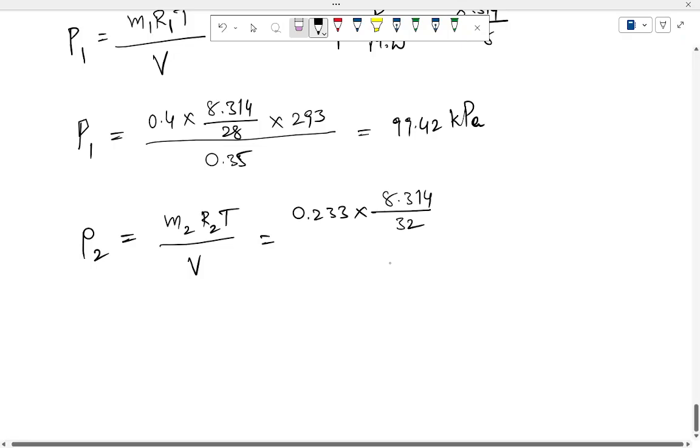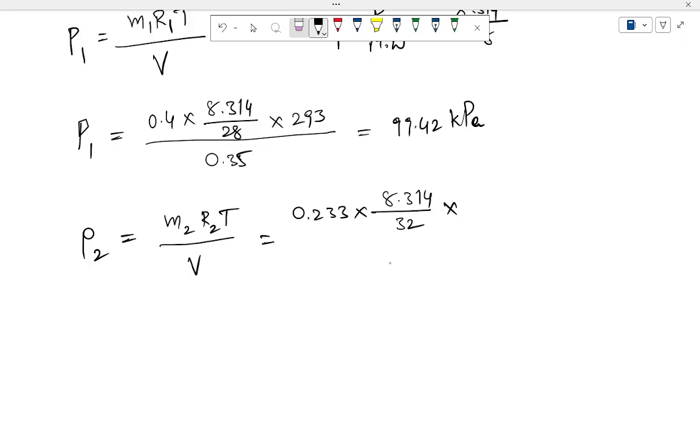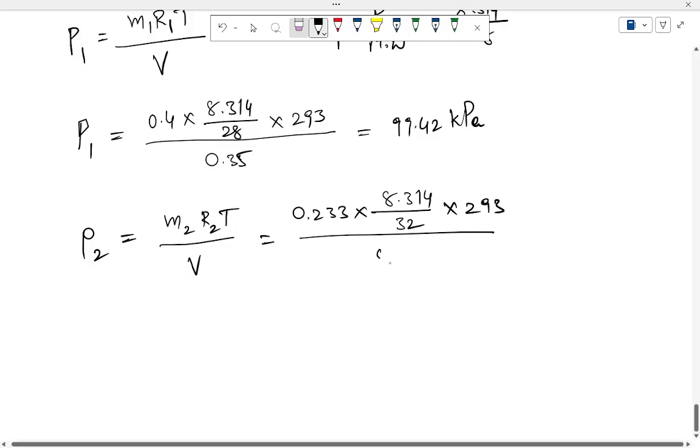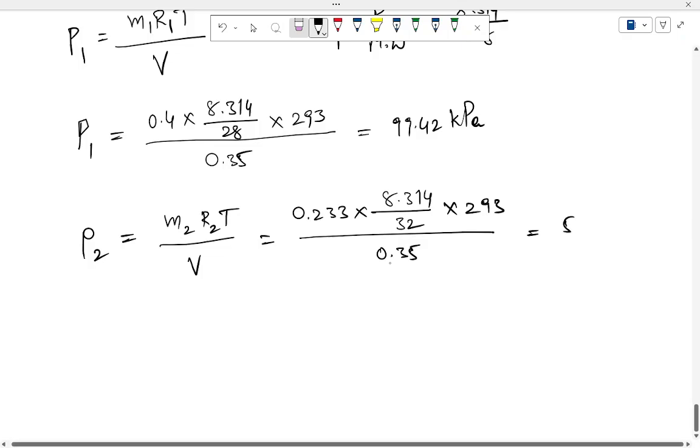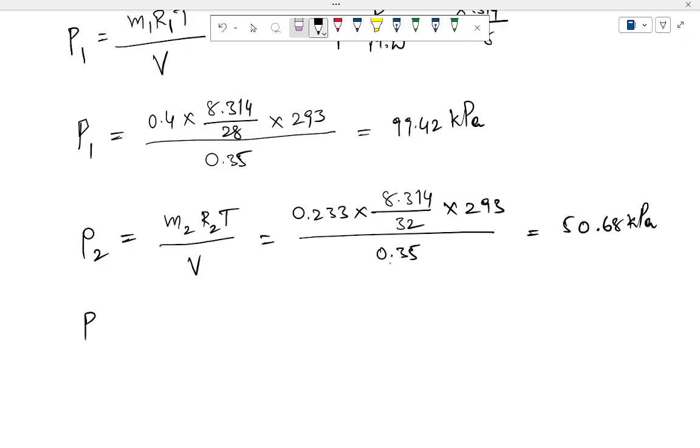The molecular weight of the oxygen should be by hearted, that is 32 kg per kg mole. You should remember this value. And the temperature is given as 293 in the question and the volume is given as 0.35 in the question. So you will get this as 50.68 kilopascal. You do the calculation for yourself, you'll get that.